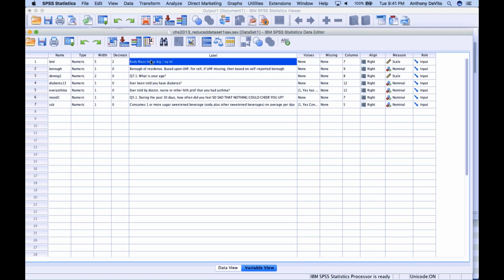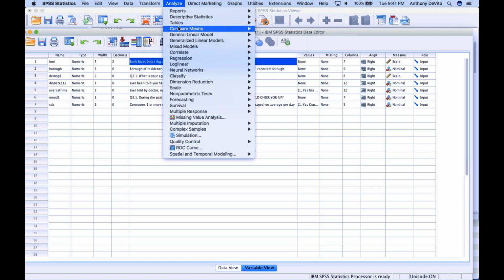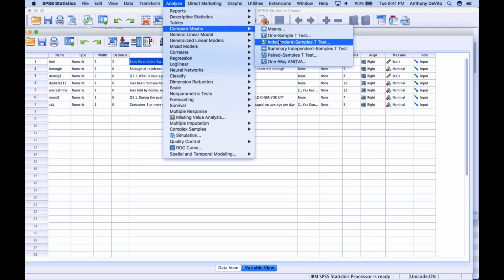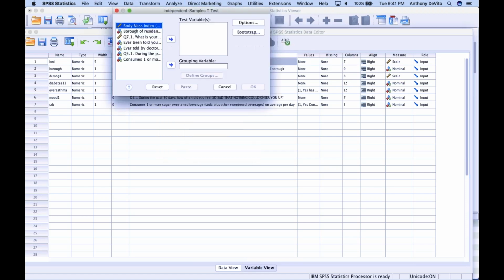Well, how would I compare that? How would I compare people who drink sugary drinks versus people who don't drink sugary drinks, and see whether the mean body mass for those two groups is different or the same? Well, that's a t-test, right? We've done that many times. That's a t-test. Let's give it a try. Analyze, compare means, independent samples t-test.